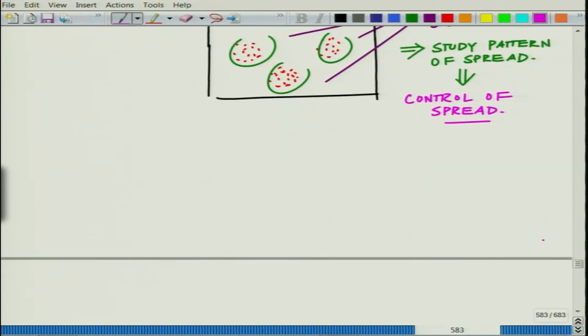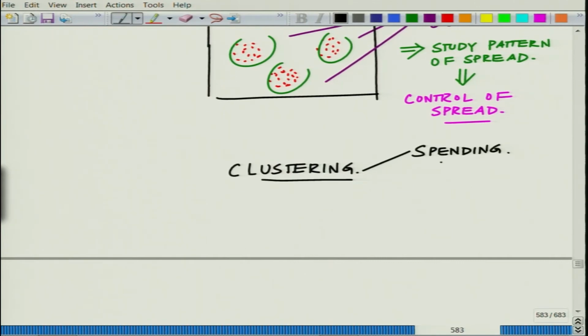Clustering can also be used in finance and marketing. For instance, you have a consumer database, and this can be organized to study spending patterns in your customer data, and so forth.